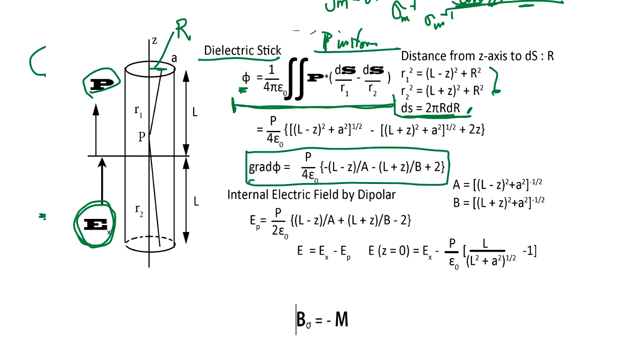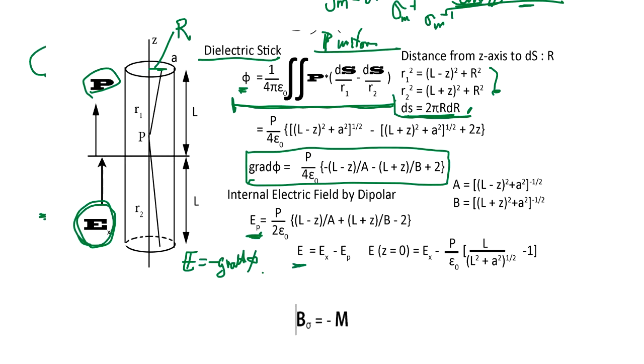Now we take E is negative grad phi. We get E caused by the dipole. Okay, we get this one.